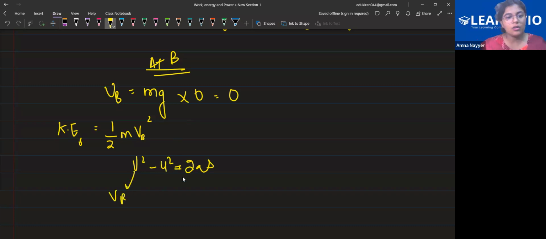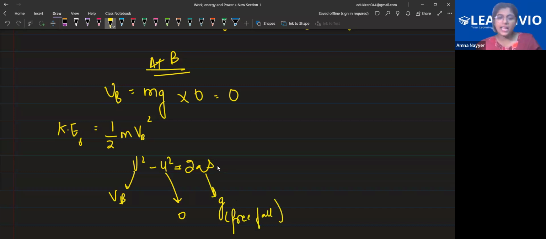V is what? V is vB. What is u? Initial velocity is 0. 2 is a constant. Acceleration is acceleration due to gravity because it is free fall. And s is the displacement or height. So if we substitute, what do we get?